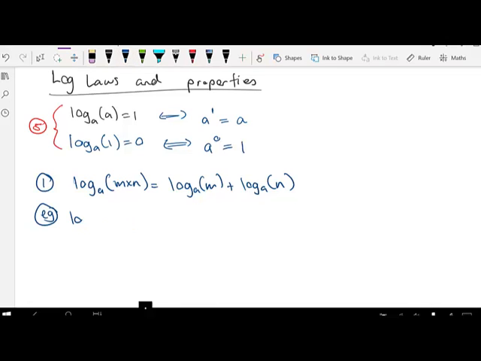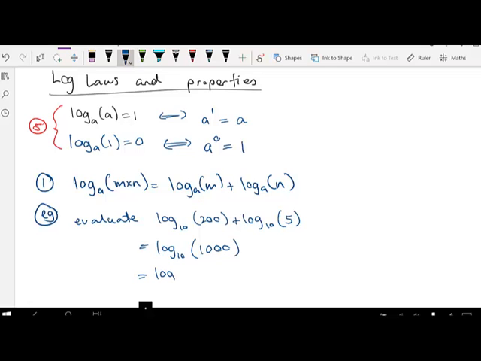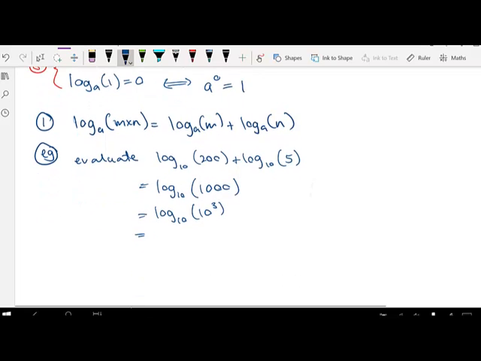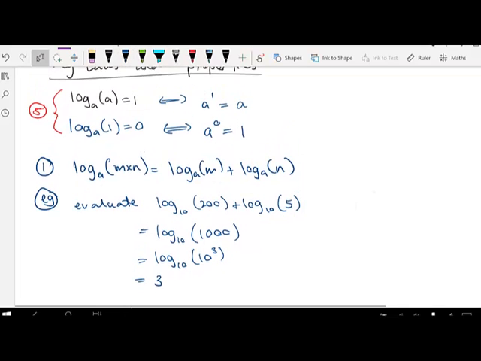A simple example of this is we're going to evaluate log base 10 of 200 plus log base 10 of 5. We can look at this as log base 10 of 200 multiplied by 5, which is 1000. And so this is log base 10 of 10 to the power of 3, and that means our outcome, our exponent, is 3. Nice and simple is our first log law.